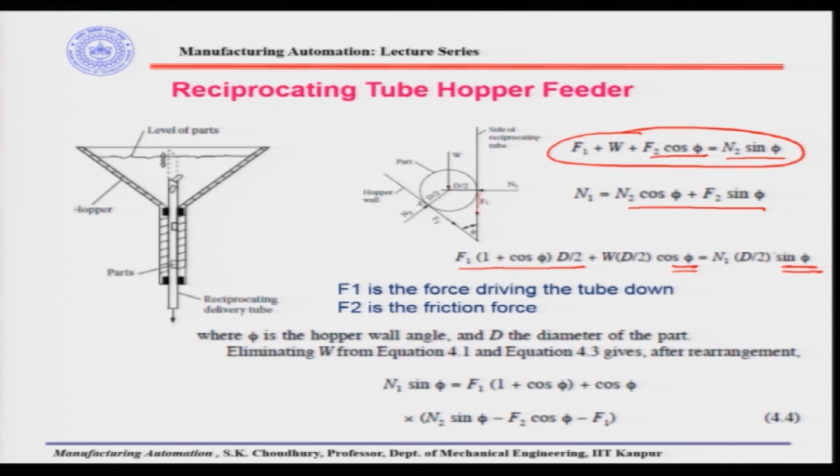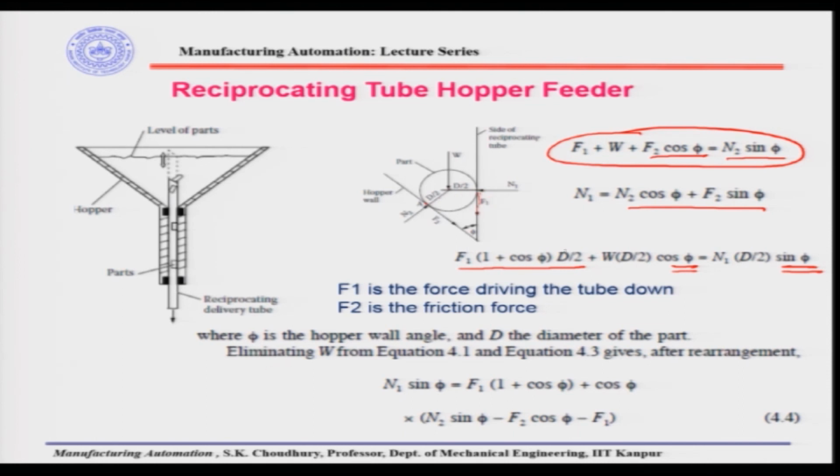Okay. So, this is another equation, the moments, all moments around the point A. Now, we have these three equations. Here phi is the hopper wall angle once again, and d is the diameter. So, d by 2 is the radius.